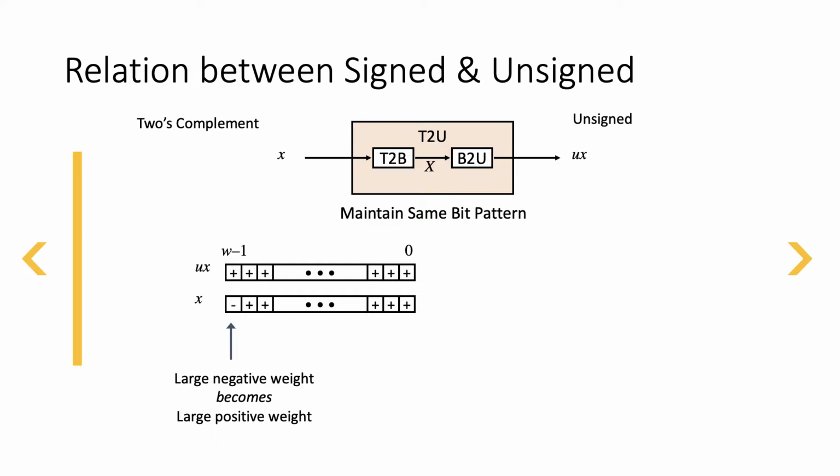That's the only difference. A large negative weight in 2's complement becomes a large positive weight in unsigned, and vice versa. If we go from unsigned, we take that most significant bit that would have a large positive weight, and it just becomes a large negative weight when we're dealing with 2's complement. So it's a very simple thing. It's the only thing we have to remember.